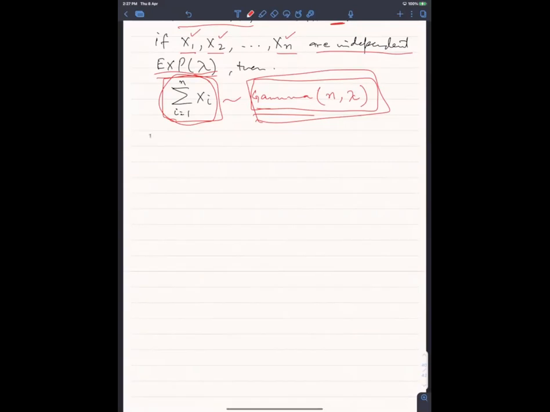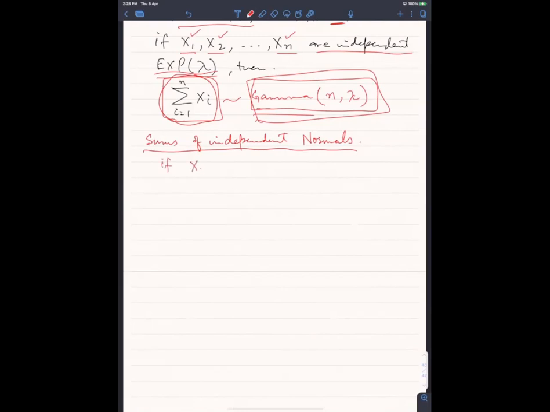Now, next I'm going to talk about the sum of independent normals. We already talked about the normal distribution. We are now going to talk about the sum of independent normals.